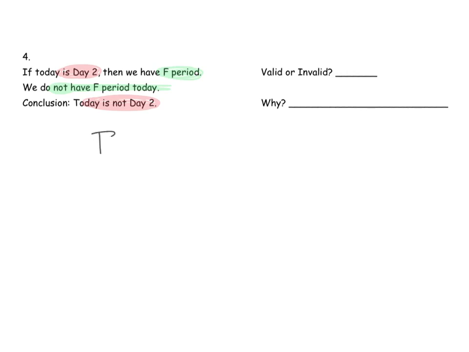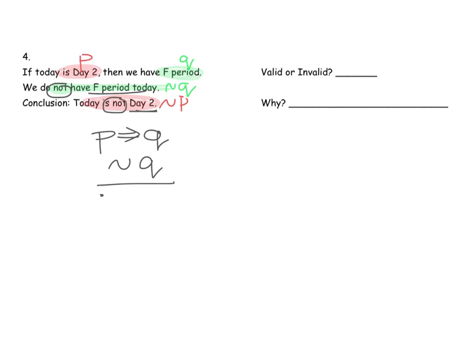So I have if P, then Q, or P implies Q, and then it says not Q. So not Q, we use that squiggly line for the negation. And this person wants to conclude not P. Therefore, not P.